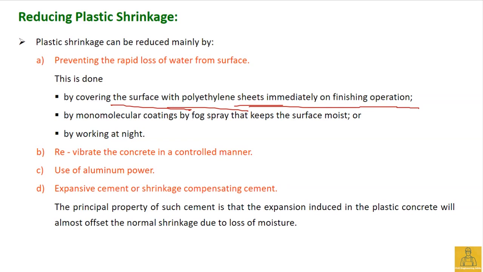Finishing means, after I have laid the concrete slab, the mason or worker comes and smoothens the outer surface, right? Like when you plaster walls, you make the surface of the wall smooth, you apply some cement mortar and you smoothen the surface. So that is finishing. So when this finishing is done, you immediately cover the surface with the polythene sheets.